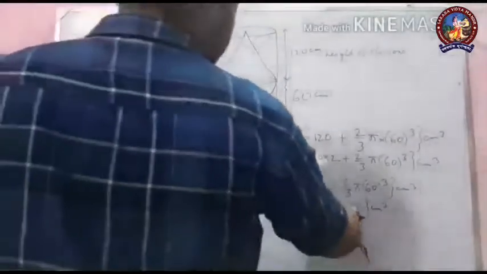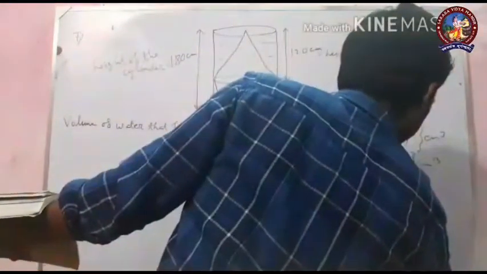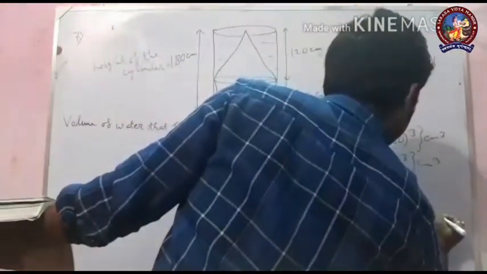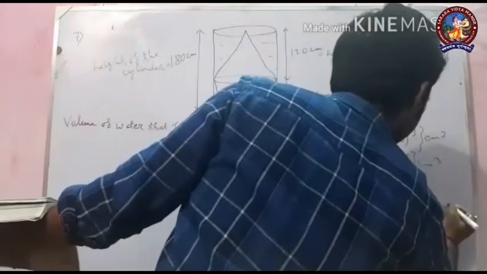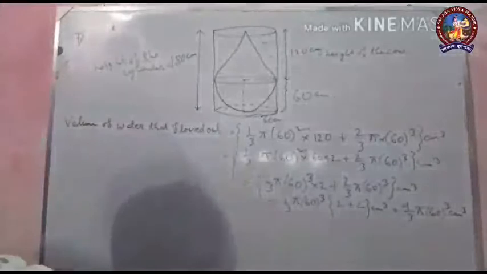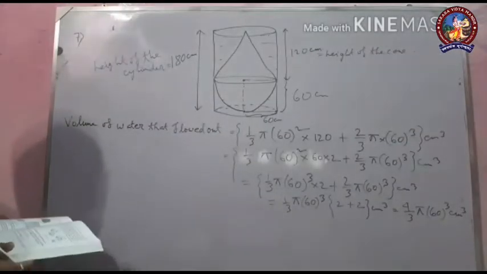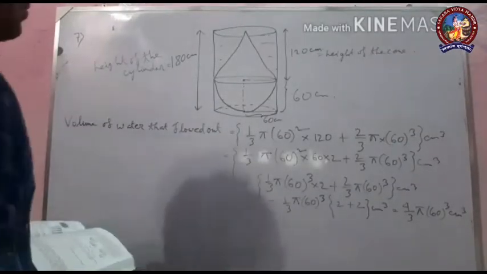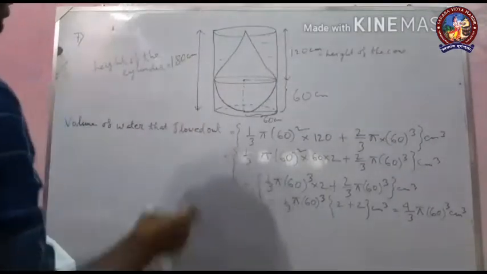So 2 plus 2 is 4, 4/3 pi into 60 cube. This is the volume of water which flows out when I place the cone and hemisphere in the cylinder.